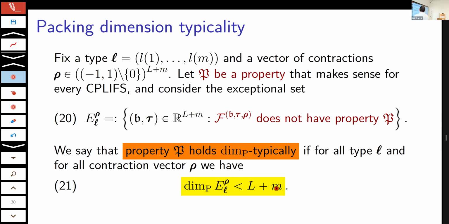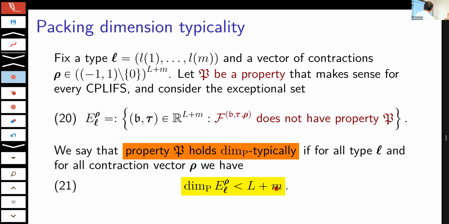Let P be a property that makes sense for every piecewise affine system, and consider the exceptional set of parameters, the breaking points and tau parameters, such that the corresponding piecewise affine system does not have this property P. So it's an exceptional set, a set of all the exceptions.